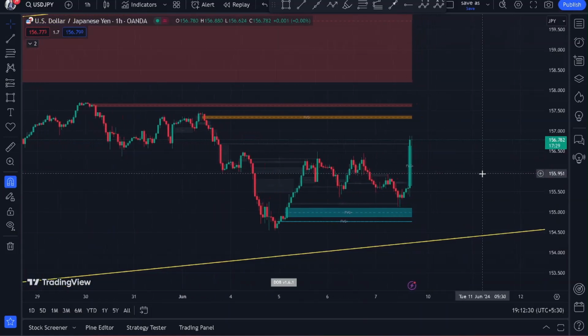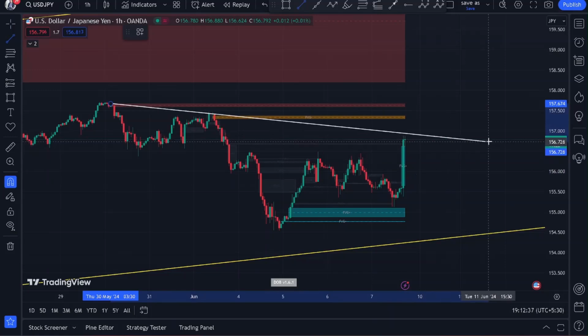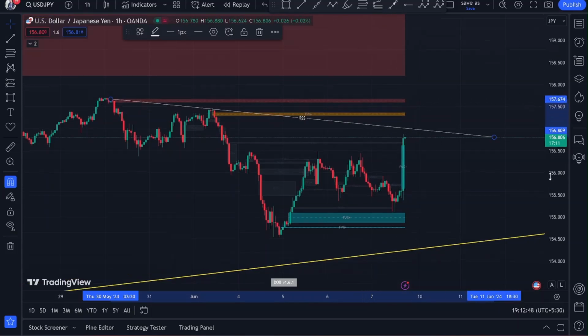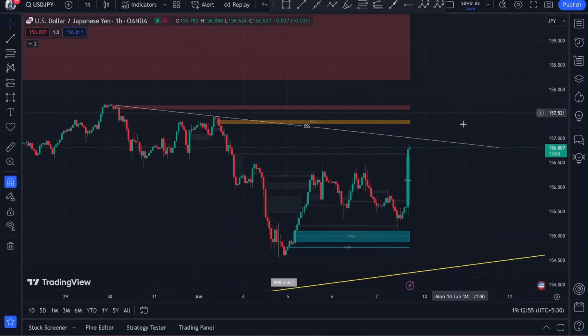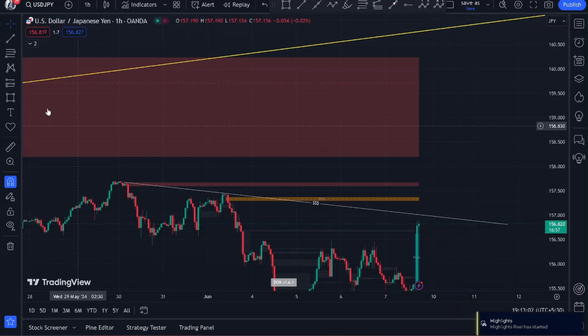This could be a trend line where the price can take the liquidity of this trend line plus this fair value. We can see a little bit of pullback from these zones, from this little fair value and this little order block. Initially price is going to get up to the 158 line. We're going to draw it over.